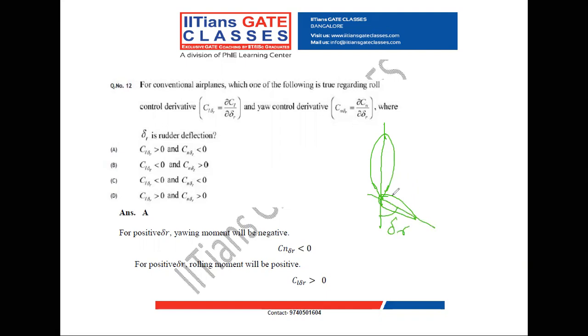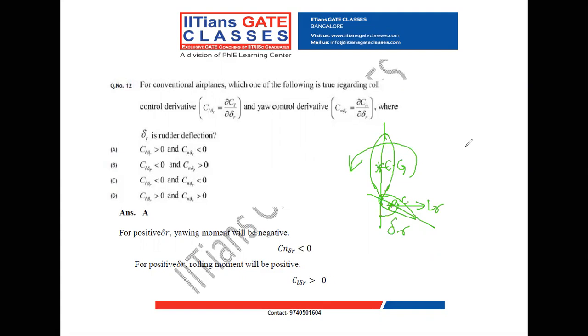Whenever we are deflecting rudder towards starboard, that is towards the right wing, it creates a lift on the rudder at the aerodynamic center of the rudder towards the port side due to the pressure difference. Since CG is somewhere here on the airplane, this creates a yawing movement towards port side, that is towards left side of the wing.